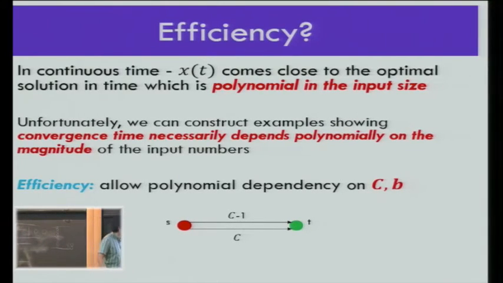Somehow they missed these simple examples. So in our notion of efficiency, we allow polynomial dependency on both the largest cost and the largest demand. These algorithms are typically called pseudo-polynomial algorithms in theoretical computer science.